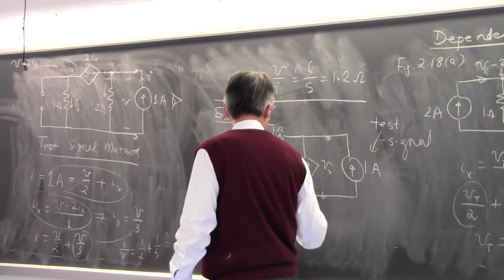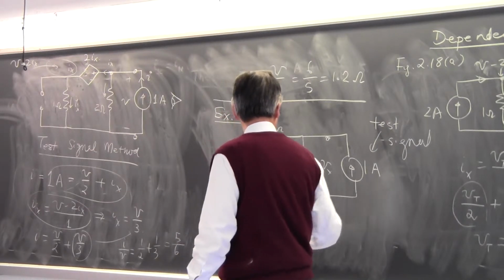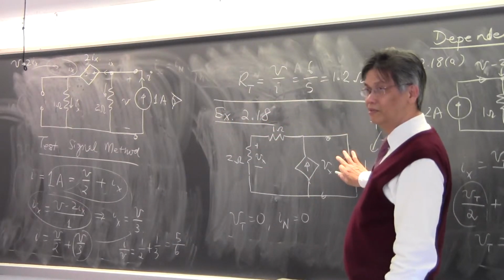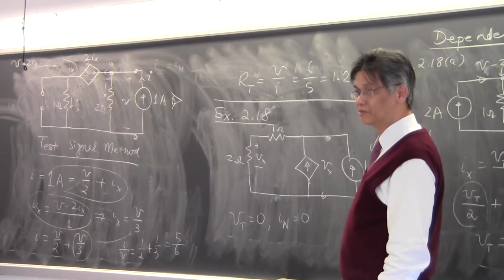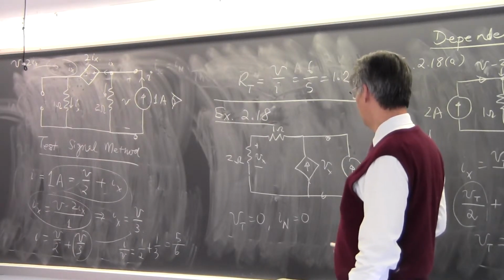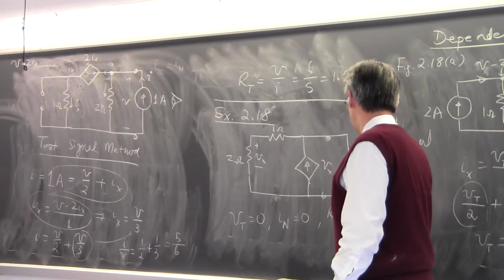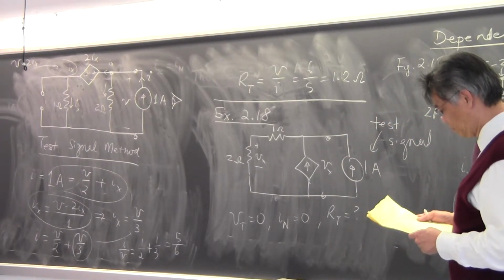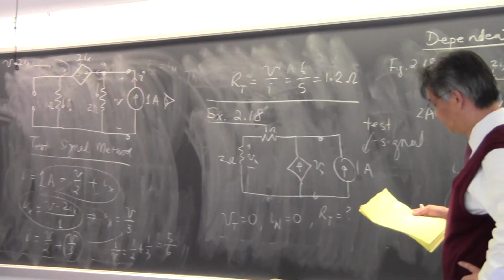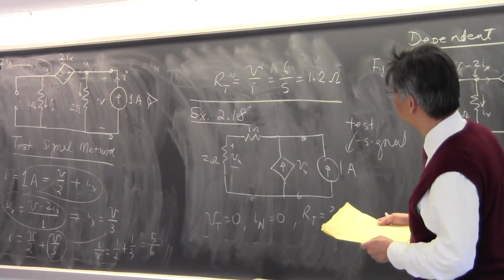Its In must also be 0, because if I don't have any sources, just look at the circuit itself. It has no internal sources. But let me find out what RT is by using the test signal method.